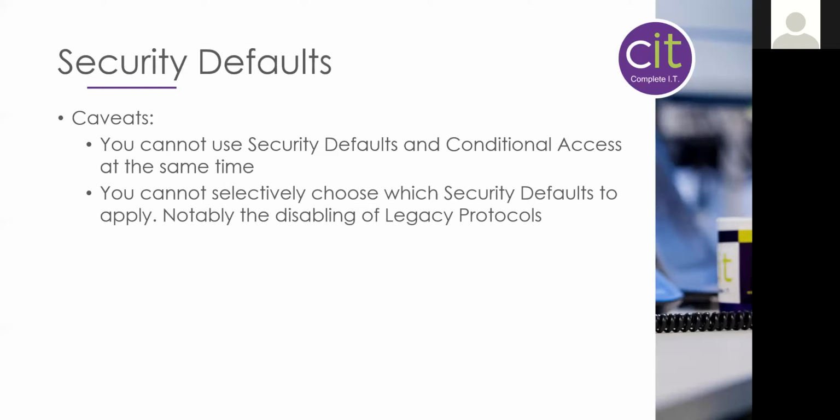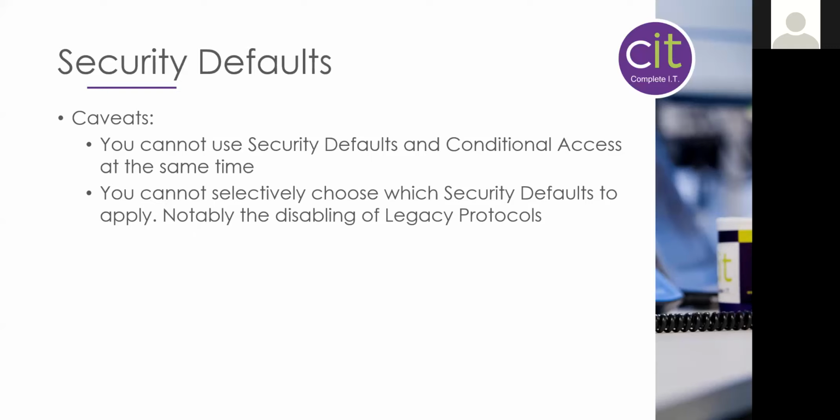Now, the important bit with that is those legacy protocols that I mentioned, the IMAP and the SMTP. Yes, they are the biggest vector for people trying to brute force their way in because they don't support 2FA. Downside is a lot of scanners, especially older ones, when you do scan to email, they do it over SMTP.